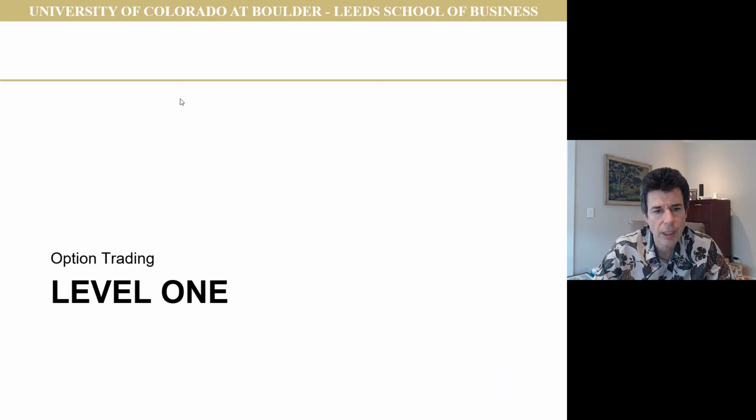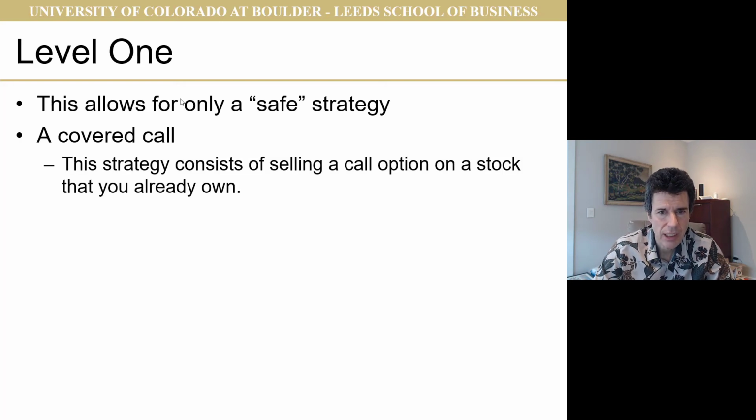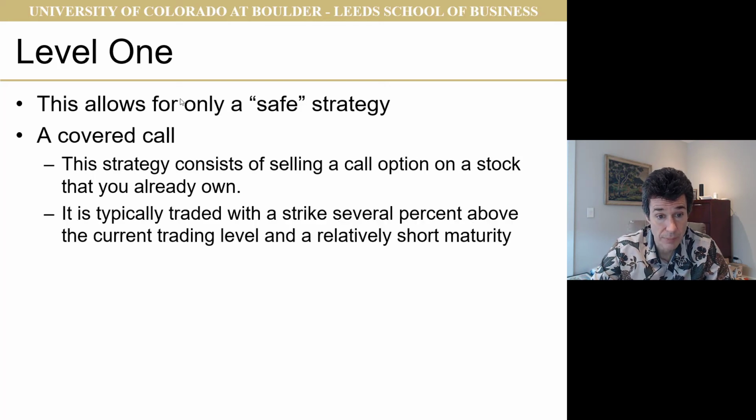First, we're going to talk about level 1 trading strategies. This allows for only a safe strategy, known as a covered call. So if I have no experience in options, I am allowed to trade covered calls. A covered call consists of selling a call option on a stock that you already own.